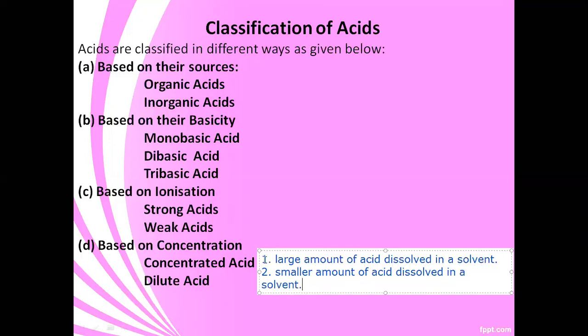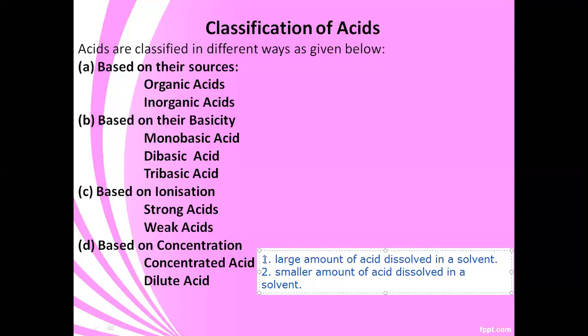That is called dilute acid. Concentrated acid means a large amount of acid dissolved in a solvent, and dilute acid means a smaller amount of acid dissolved in a solvent. So this is the classification of acid.